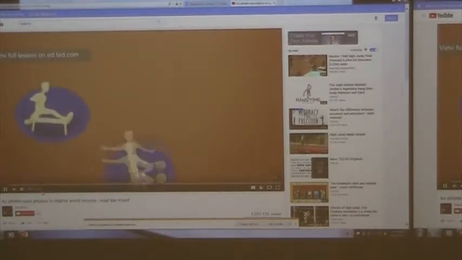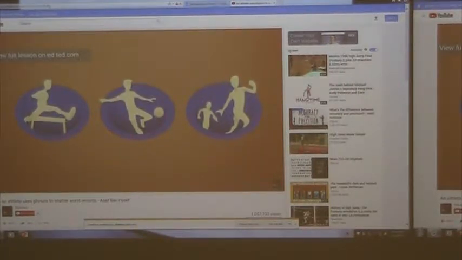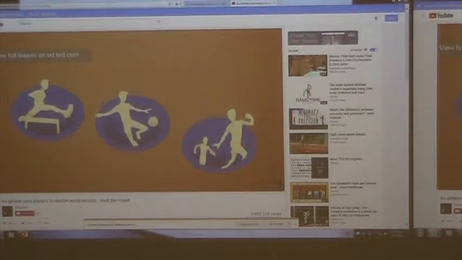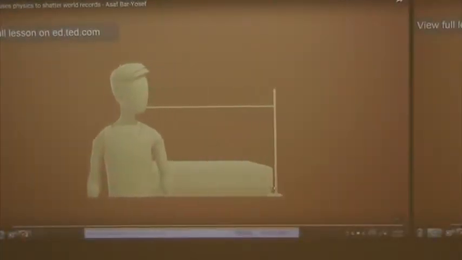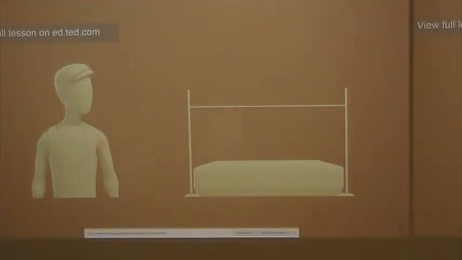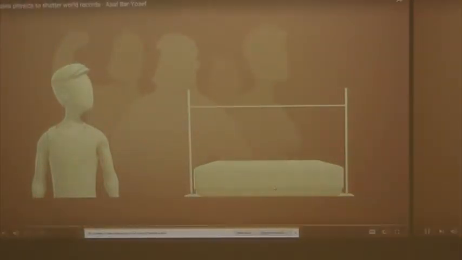In the early 1960s, Dick Fosbury tried his hand at almost every sport, but never excelled at anything until, at the age of 16, he turned to the high jump. But when he couldn't compete against the strong athletes at his college using the standard high jump techniques of the time, Fosbury tried to jump a different way, backwards.